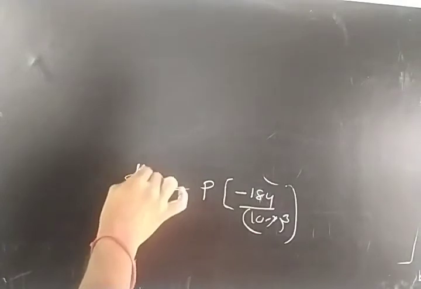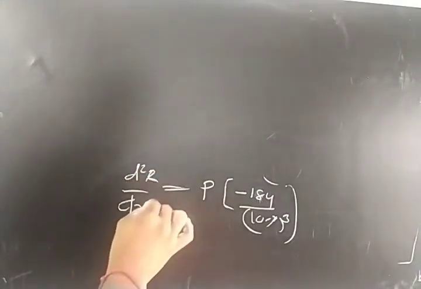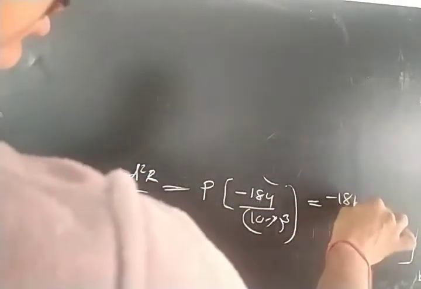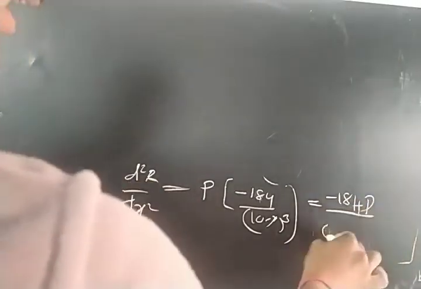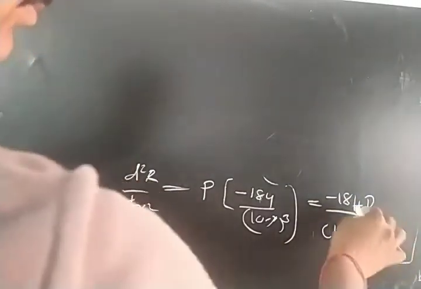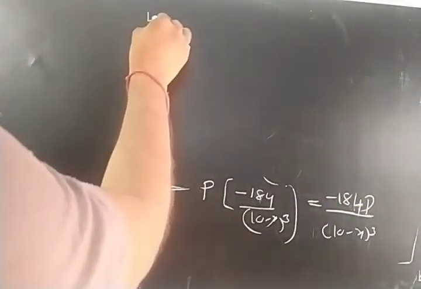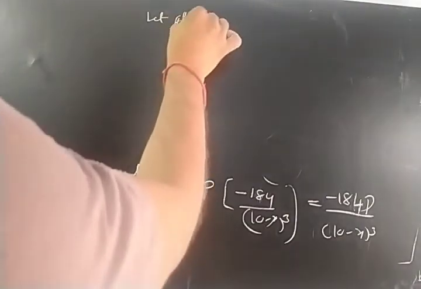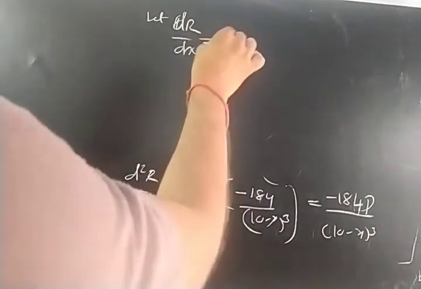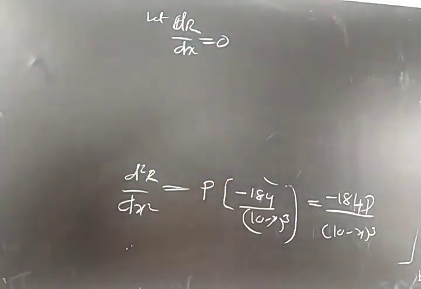Now to get stationary points, d²R/dx² is minus 184 P by (10 minus x) whole cube. Right. Now let dR/dx I am taking as 0. dR/dx is equal to 0.